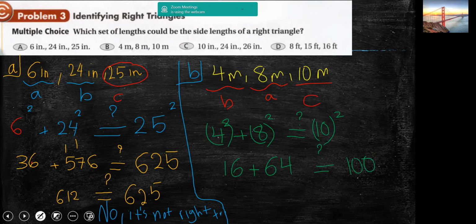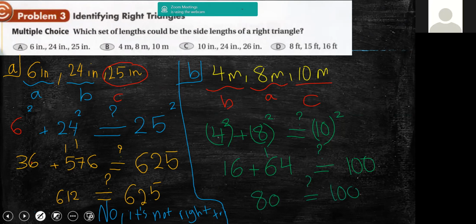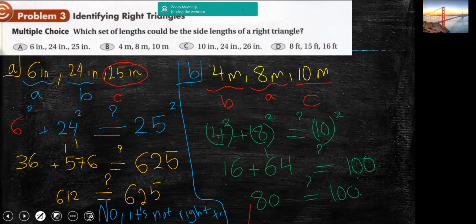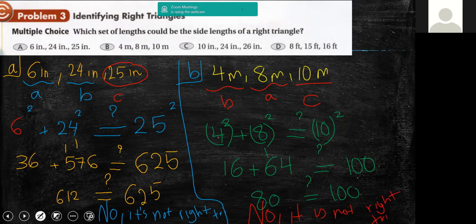Let's see. 6 plus 4, 10. 6 plus 1, 7, plus 1, 8. So is 80 equal to 100? No. So is this a right triangle? No, it's not a right triangle.